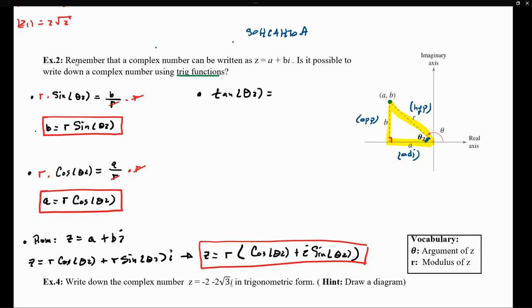We notice that my opposite is B and my adjacent is A. So the tangent of theta 2 is B over A. And I can use this expression to actually define my reference angle, because now my reference angle, or theta 2, is equivalent to the inverse of tangent of B over A.